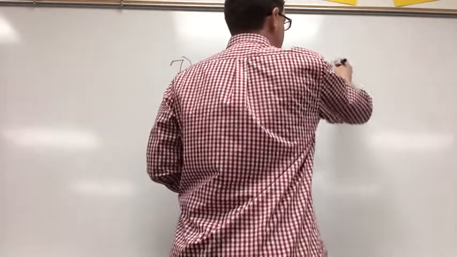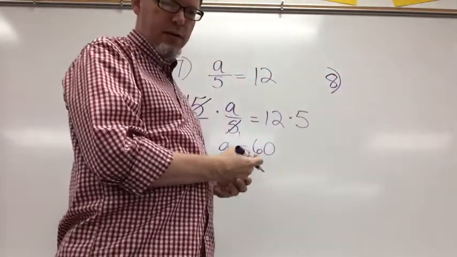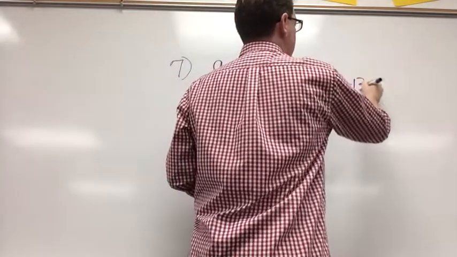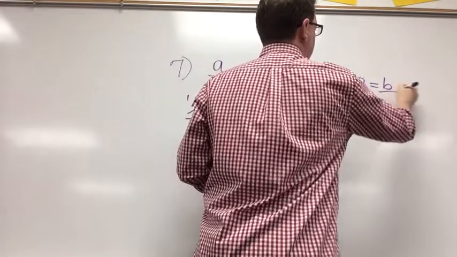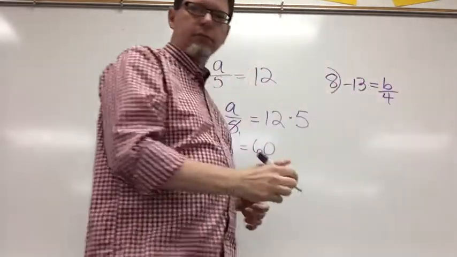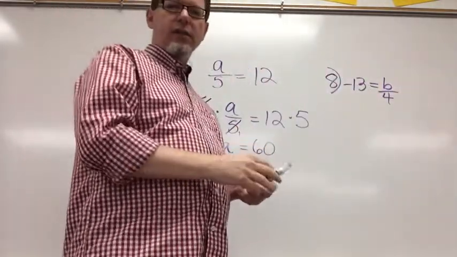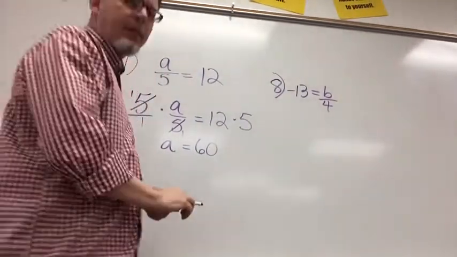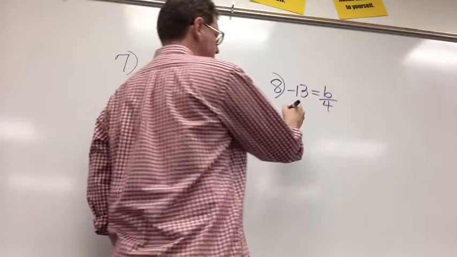And so the next example, number 8, is going to be negative 13 equals b divided by 4. And once again, we have to do the opposite operation. So we're going to multiply by 4 on both sides.